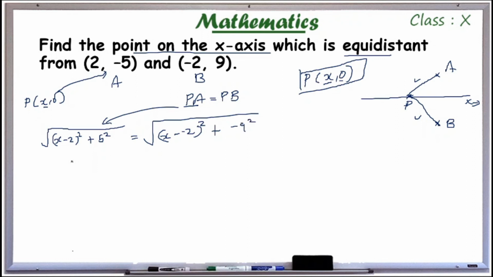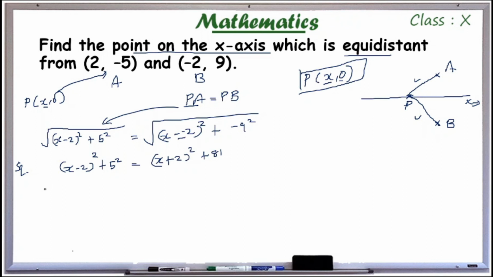So I have to remove the root symbol from both sides. For that I am squaring both sides. So I get x minus 2 whole square plus 5 square is equal to x plus 2 whole square plus minus 9 square, which is 81.